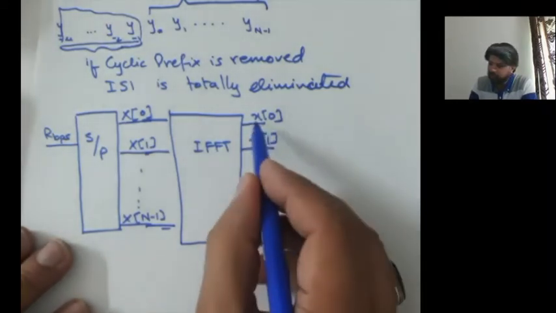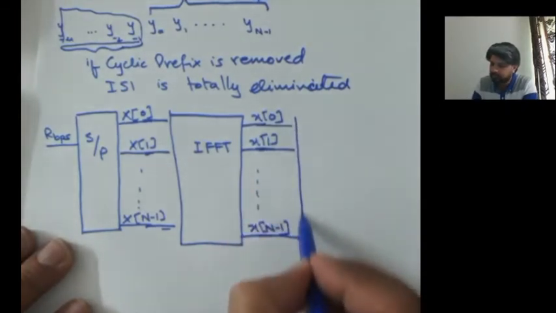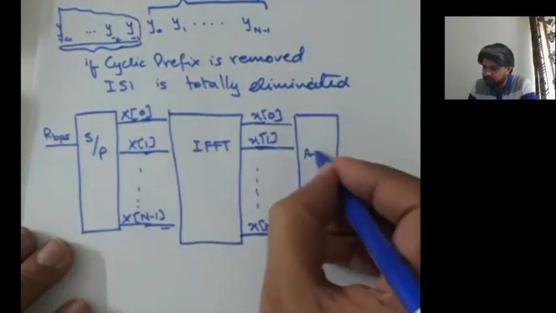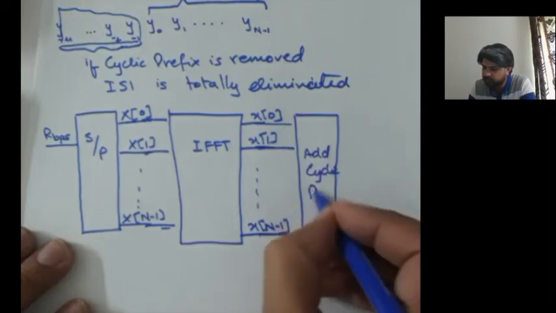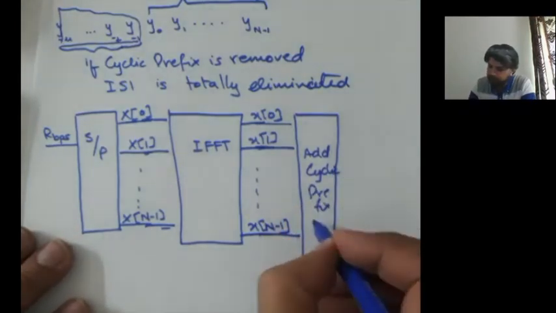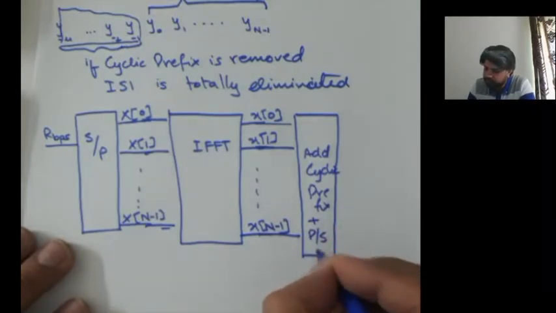You would then add the cyclic prefix, and you would also do parallel to serial conversion.